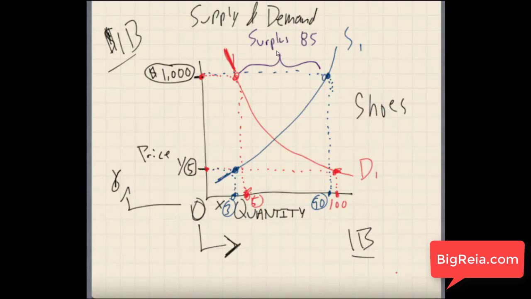Okay, now let's come down here and we see the exact opposite thing happening. Down here we have buyers wanting to buy 100. That's in red, right? The demand is at 100, but suppliers only want to make 3. So that gives us a 97, and this is what's called a shortage.